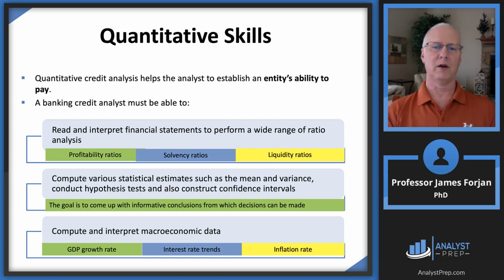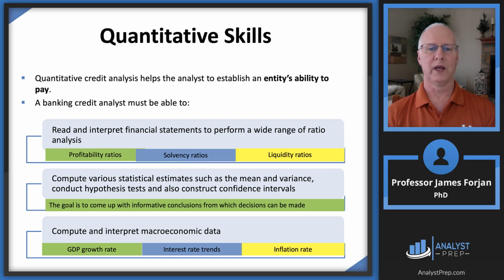And so part of that is to establish the borrower's ability and willingness to repay that loan. Now we'll start with the quantitative skills, which is going to help measure the borrower's ability to repay that interest and principal. And then the qualitative skills will measure the willingness. And that's a great testable question.